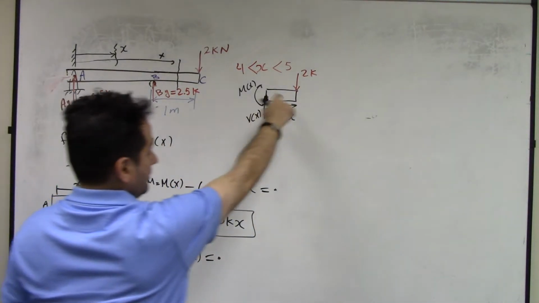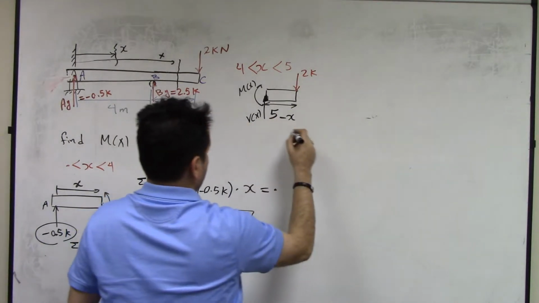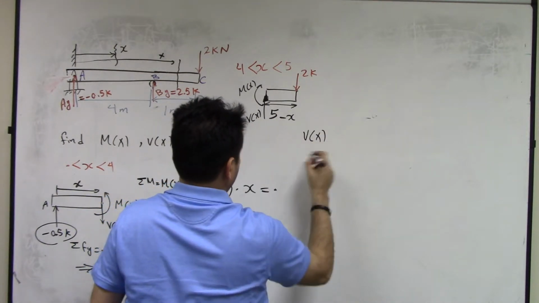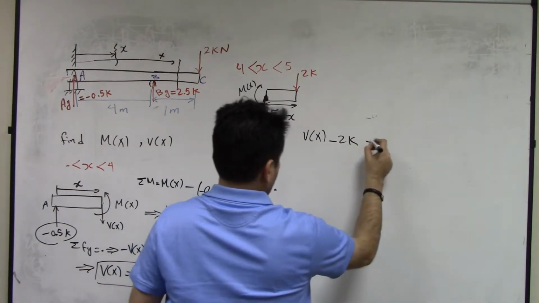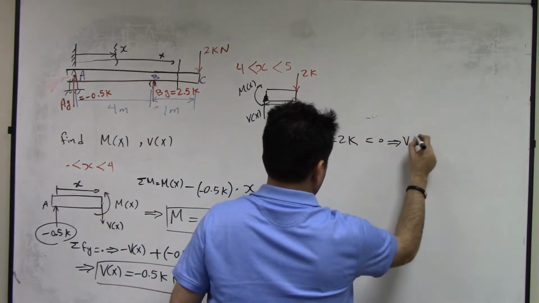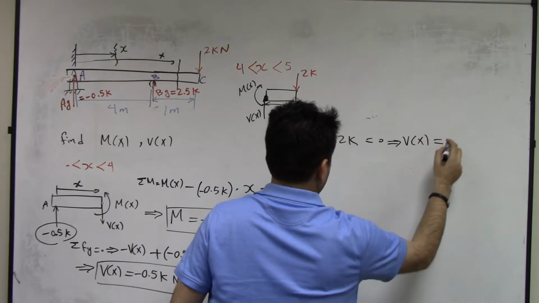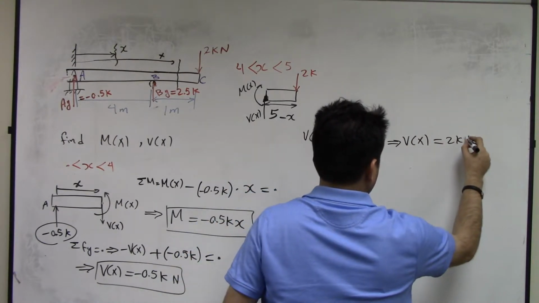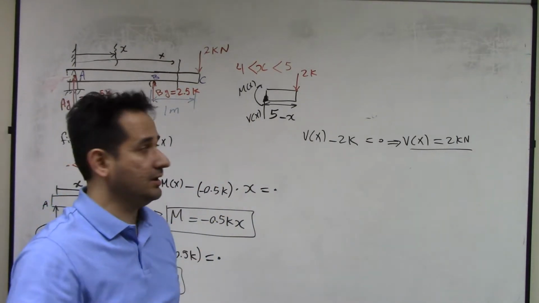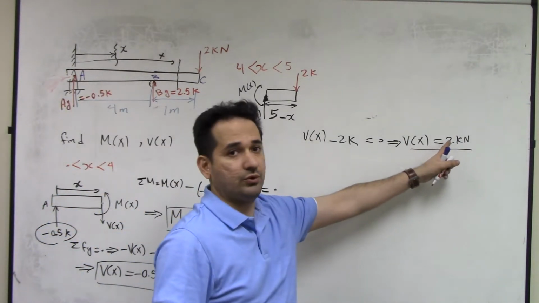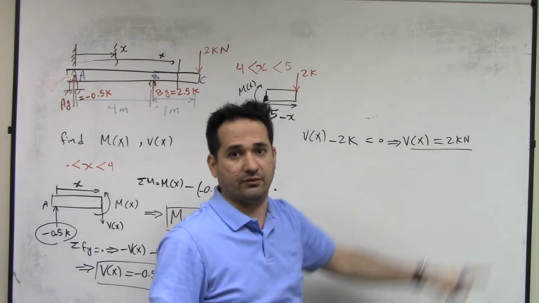Now write the equilibrium equation for this part. So you get Vx minus 2k is equal to 0. Vx gives you 2 kilonewton. Immediately we know that moment is 2k times x plus something, a linear function.